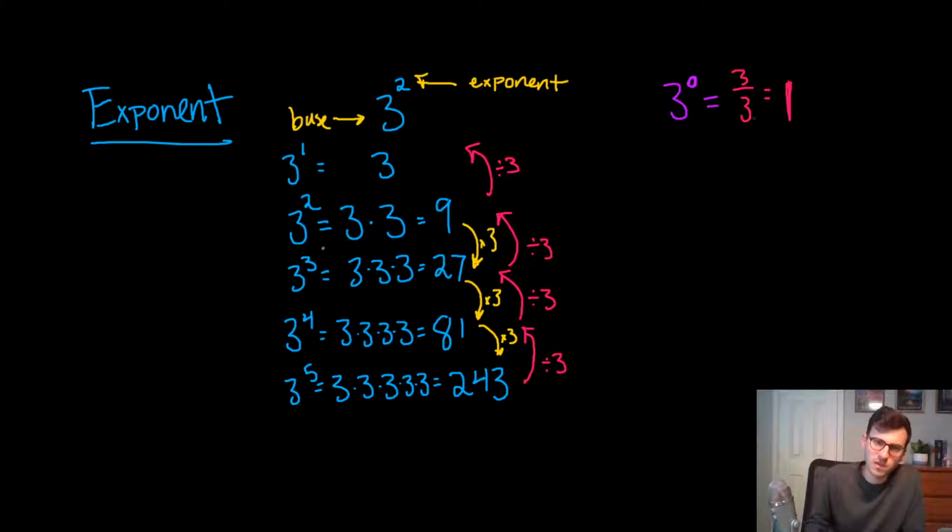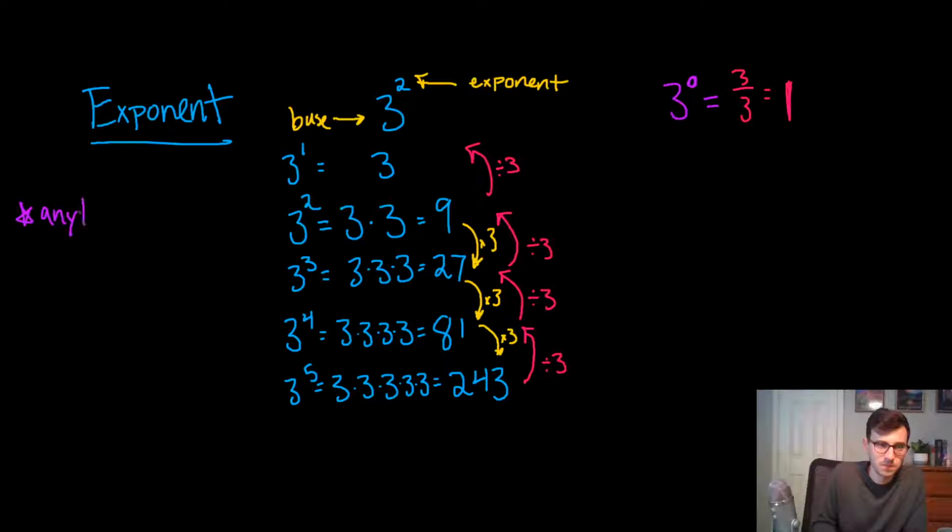And it follows this pattern, right, of each time we divide by 3. And it would follow the pattern of multiplying by 3. 3 to the 0 is 1. 3 to the 1 is 1 times 3, or 3. So 3 to the 0 power is 1. And let's make this really clear.